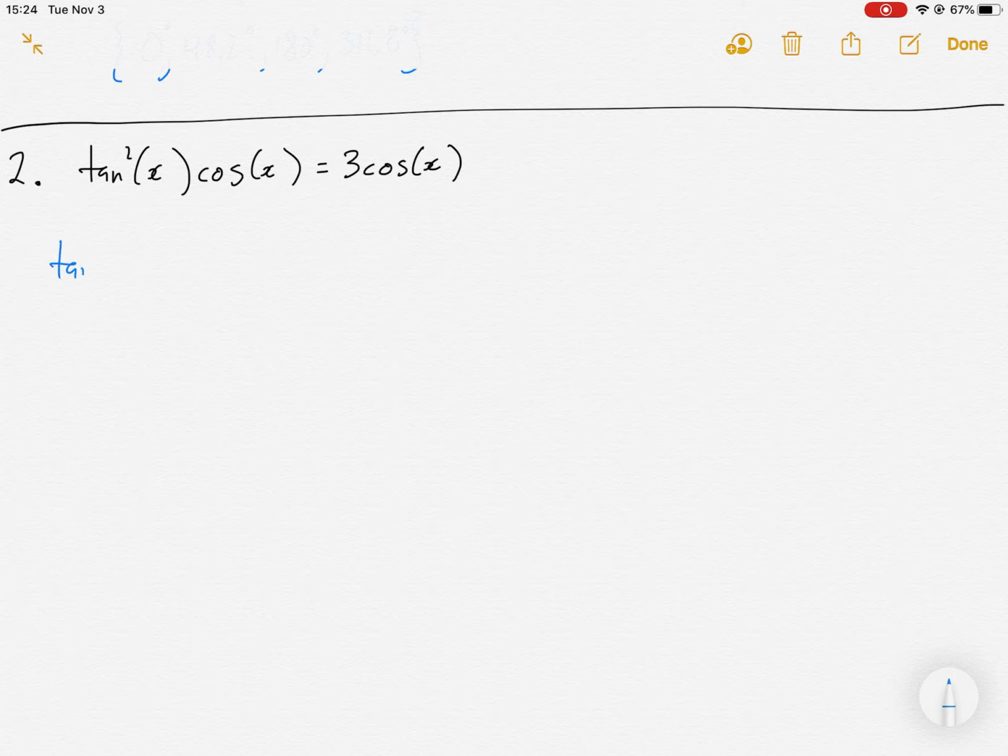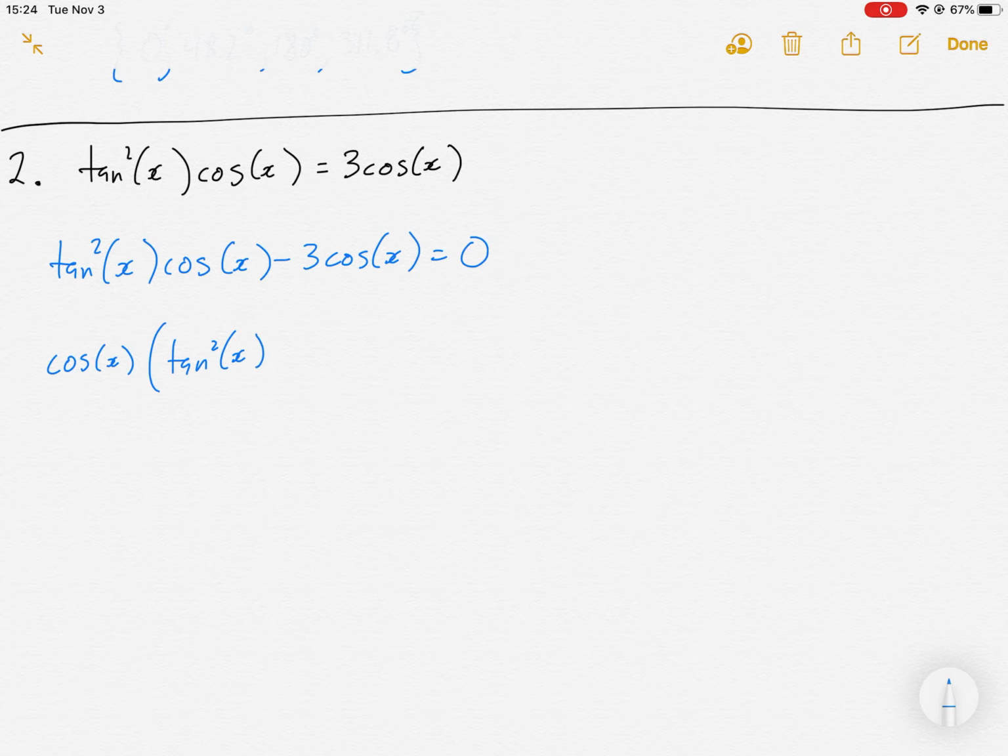Okay, so the first thing we're going to do is bring that cosine of x over so that we can factor out a GCF of cosine of x. I'm left with tangent squared of x minus 3. We can set each of these factors equal to 0, so I'll go ahead and solve this right away.